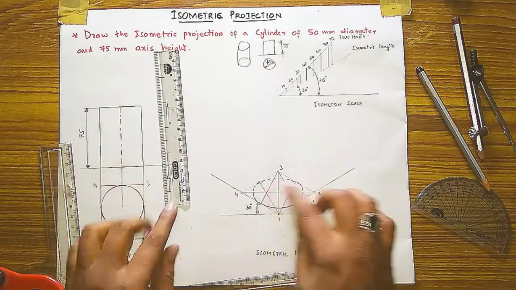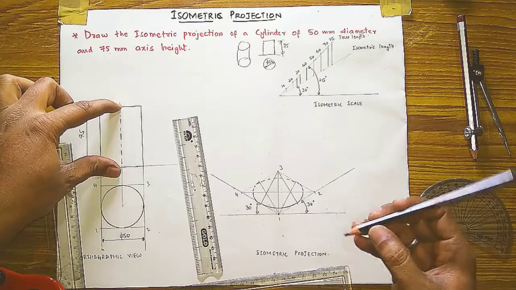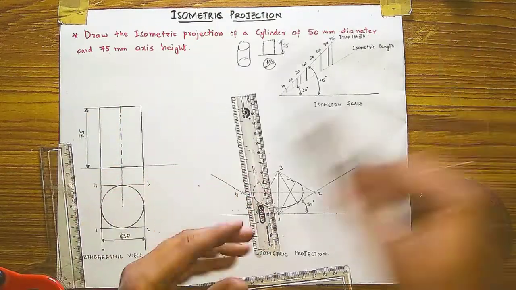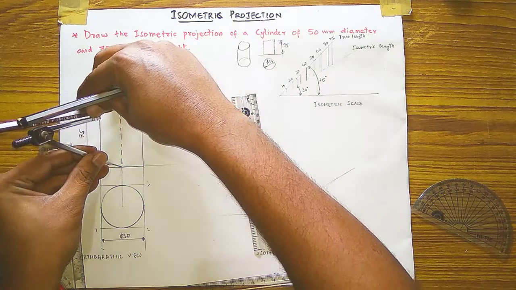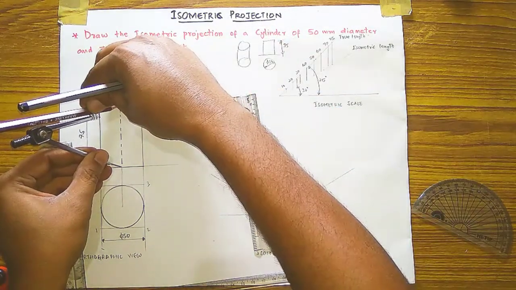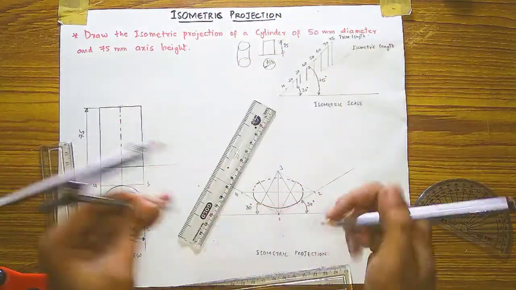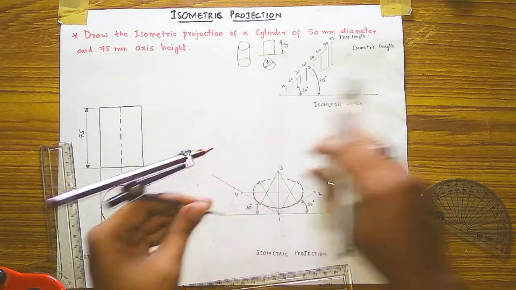circle is created. Okay, then after that the axis height is 75, meaning the isometric height is this much. So adjusting or measuring that distance on the divider, and according to this circle origin, from there to there you are having the axis height.